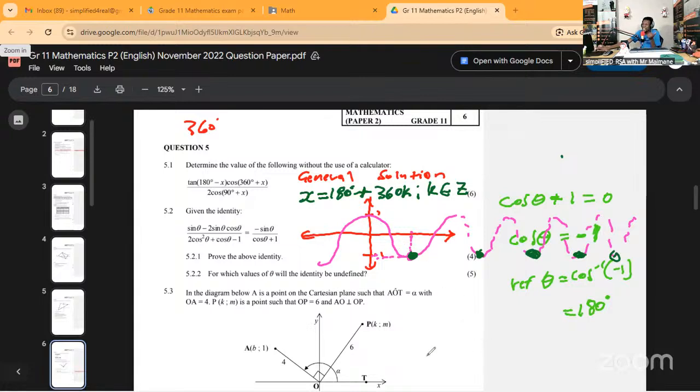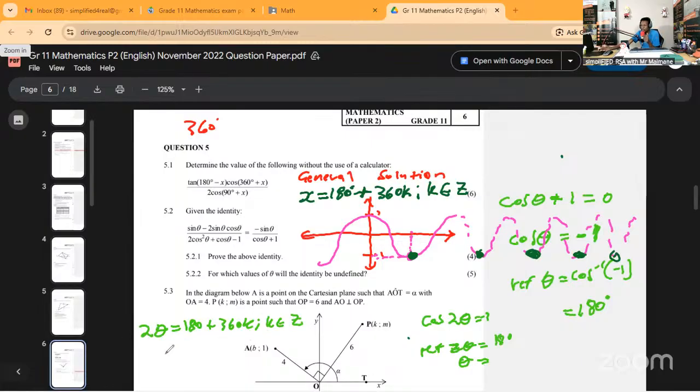Things could change. For instance, just for interest's sake, we could have cos 2 theta equals 1, whereby our reference angle could have been, say, 2 theta equals 180. So we look at it as 2 theta equals 180 plus 360k, where k is an element of Z. But I'm not happy because it has 2.